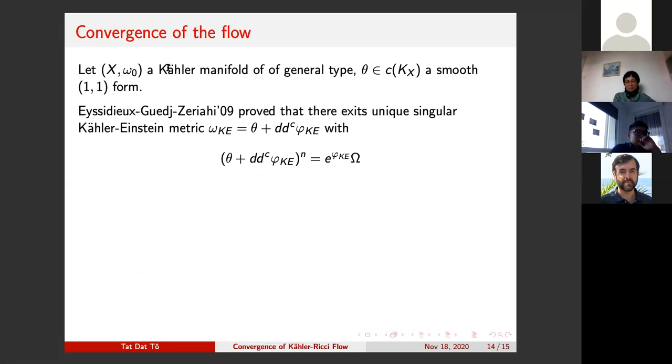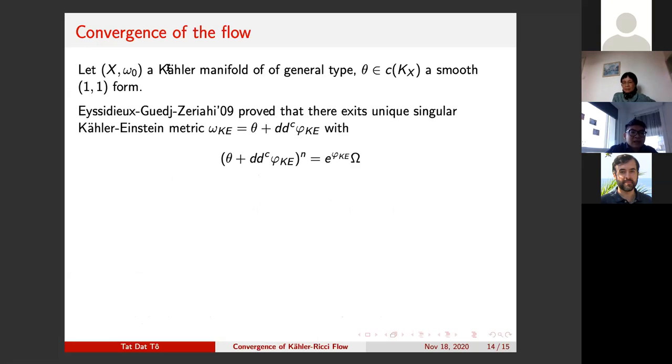And the second part of my main result is the convergence of the Kähler-Ricci flow in weak sense. So we have 5 minutes, so I will state the result and then the main idea for the result.